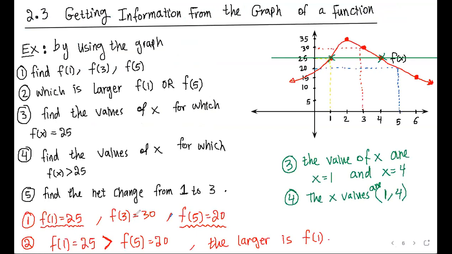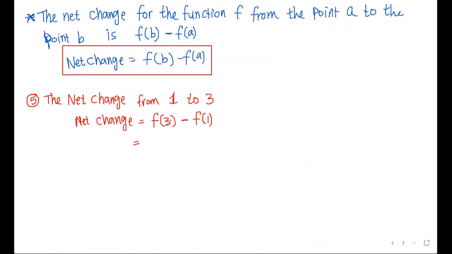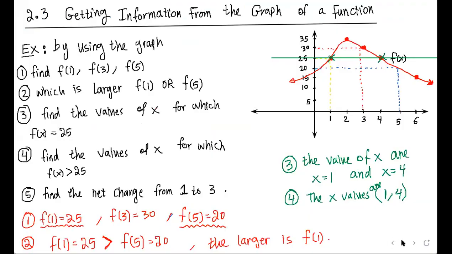So this means 30 minus 25. And the answer is 5. Okay, any question for this example? Is it clear?